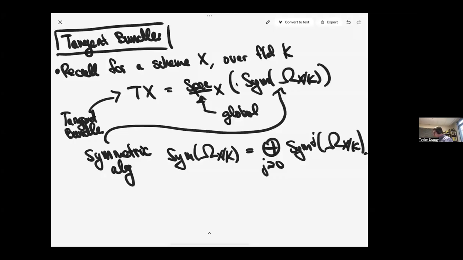Okay. And so what I want to say now is that this description of the tangent bundle is the same thing as the first order perturbations. But first, I want to tell you a lemma.